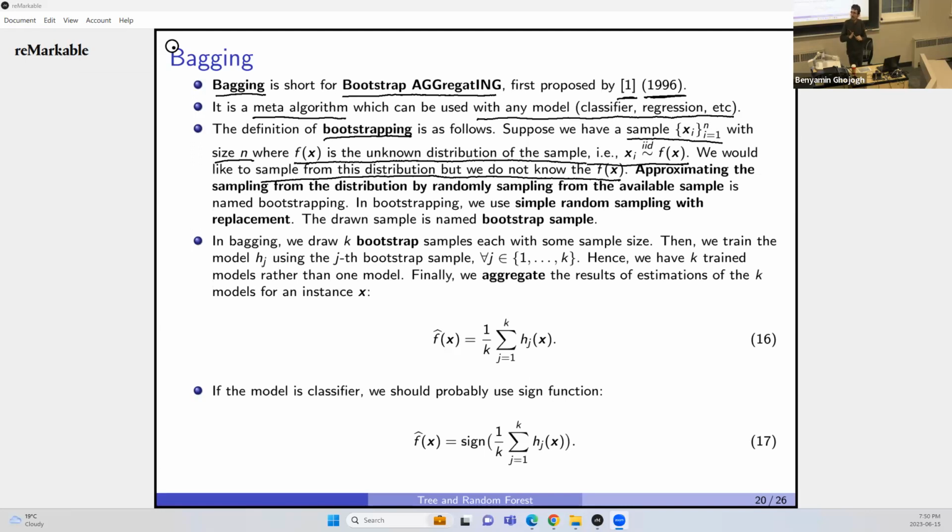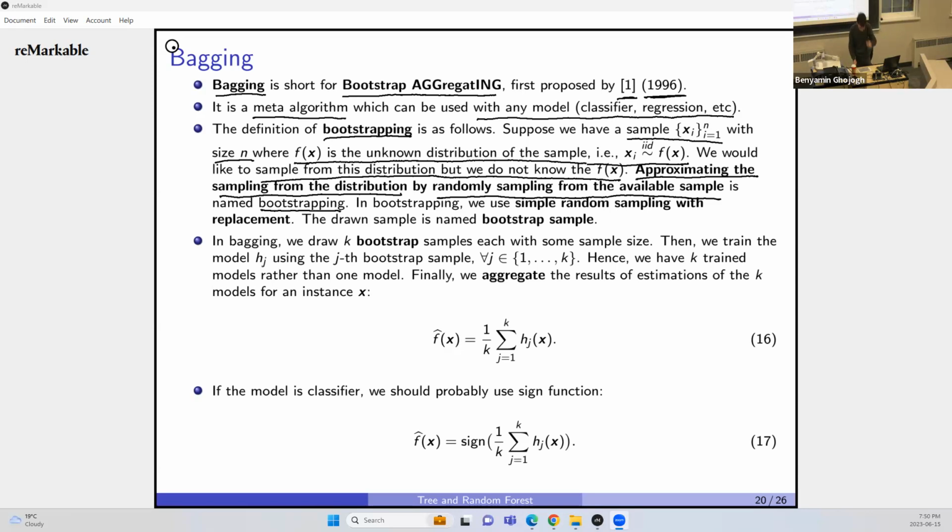Anyways, however, we don't have here the PDF. We only have some samples of the PDF. We want to sample further. We want to sample more. What can we do? We can approximate sampling from the distribution by randomly sampling from the available sample. This is called bootstrapping.